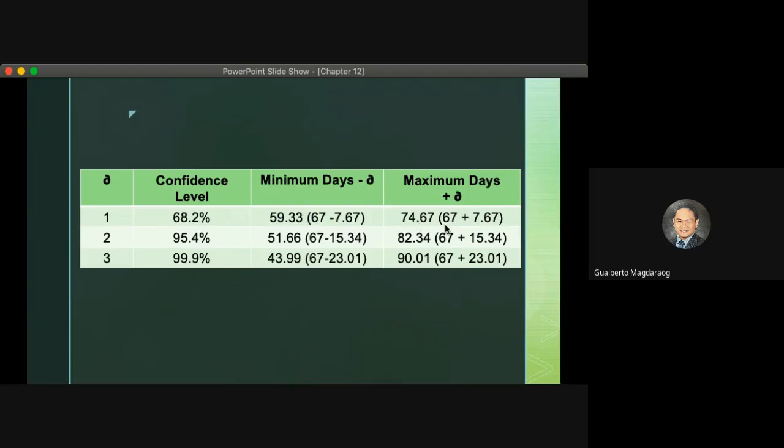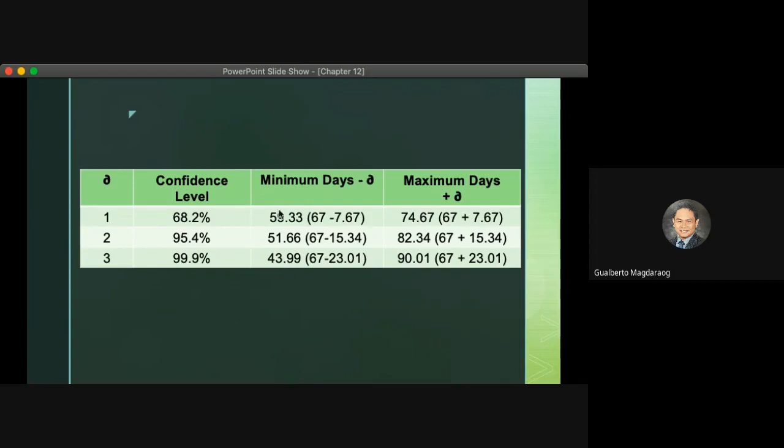That is 67 plus 1 standard deviation of 7.67. Whenever we increase our confidence level, the maximum number of days will also increase, and the minimum days will also decrease, to 43.99.